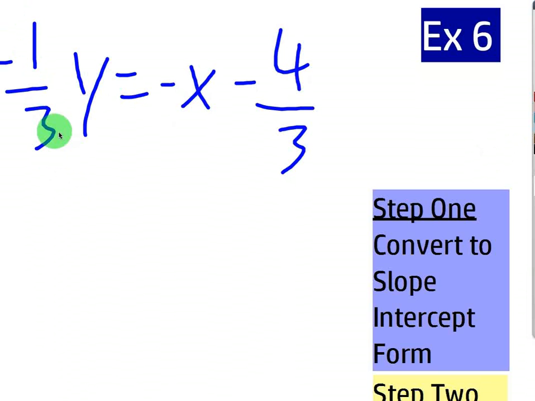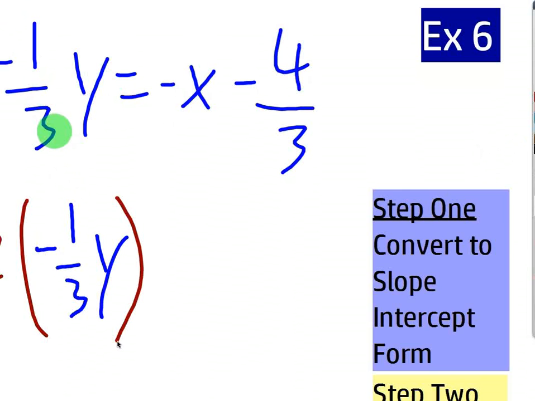Right, so let me just rewrite the problem here. Well, at least on the left. What's the reciprocal of -1/3? Okay, -3, right? -3/1. So we're going to multiply the left side by that, and that means we have to multiply the right side by that.